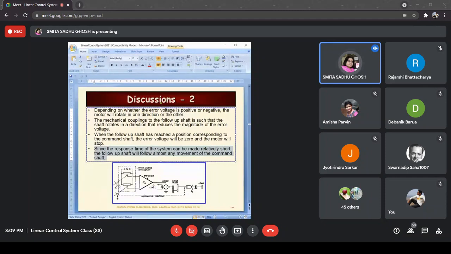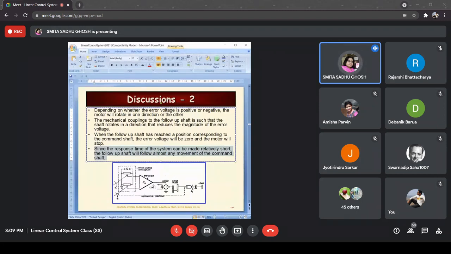Now, say, for example, I change theta r to 25 degrees. Again, a difference between these two positions is generated, as a result of which the action will now try to bring theta c to 25 degrees.